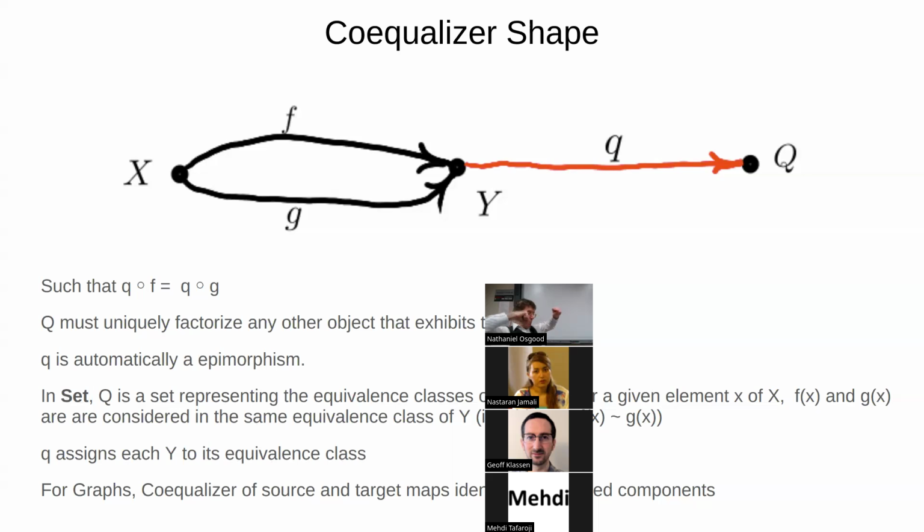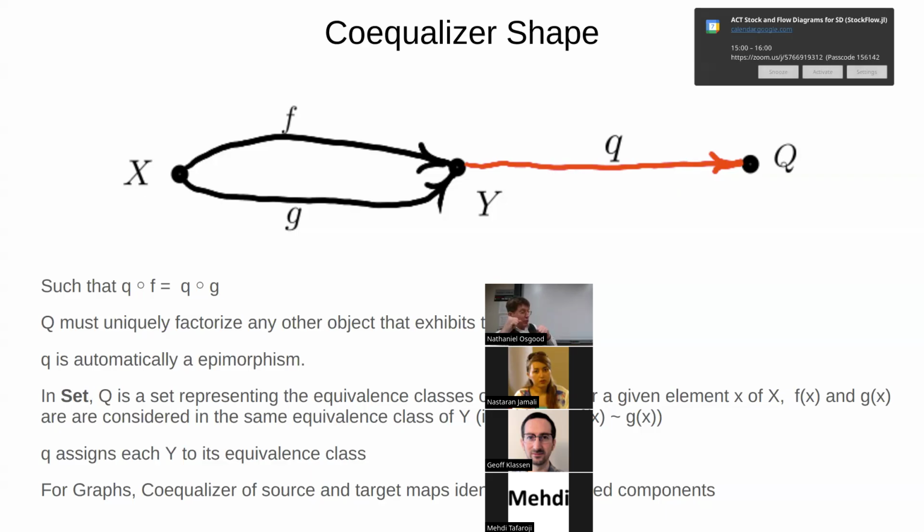It's going to merge those edges because there was some edge between where F mapped A and F mapped B that's now identified with an edge from where G mapped A to where G mapped B, and you're going to collapse those edges. So that's going to be a fascinating graph.